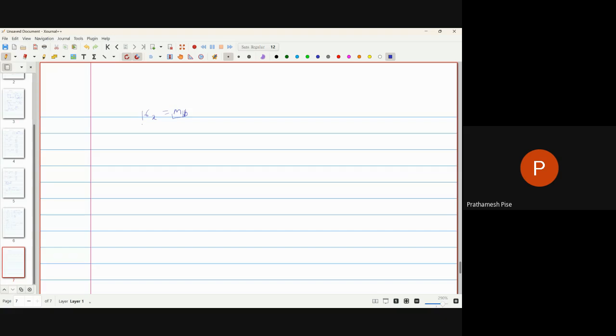What is this in decimal? It will be just 1 into x raised to 1 plus 6 into x raised to 0. This is equal to this value m in base B. You can write the same value in base B the way I have written it. This will create an equation: x plus 6 is equal to m. Let's suppose B is 10. Solve this equation, and you will get the base.